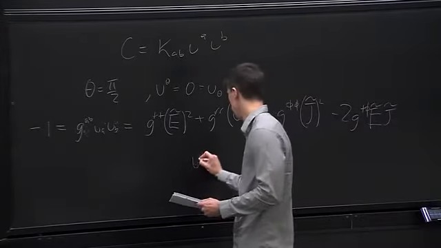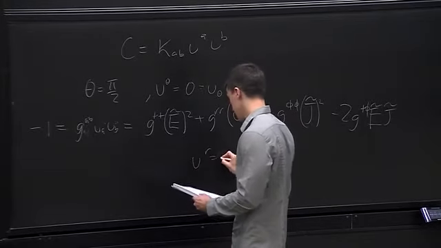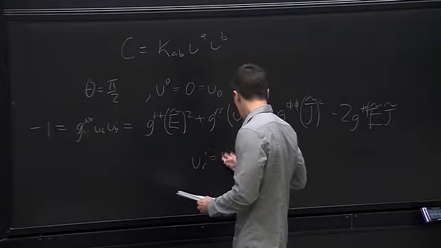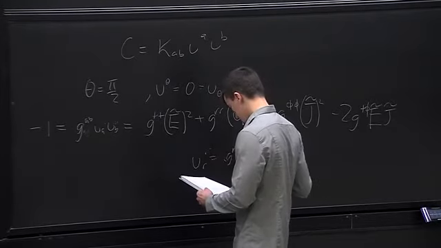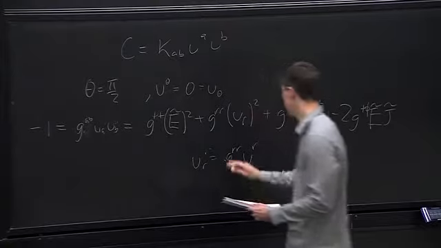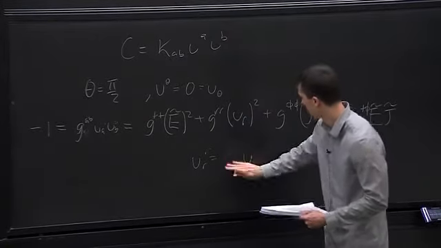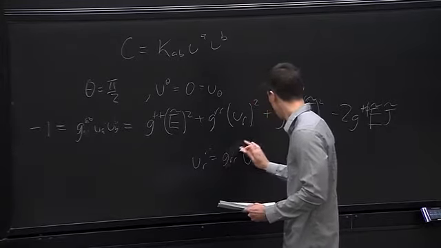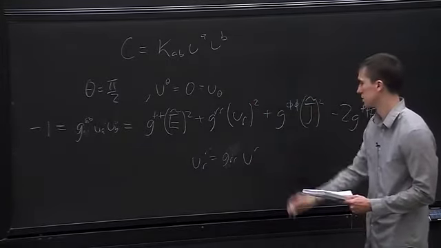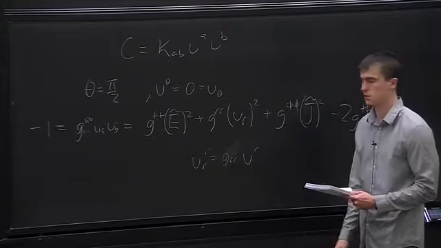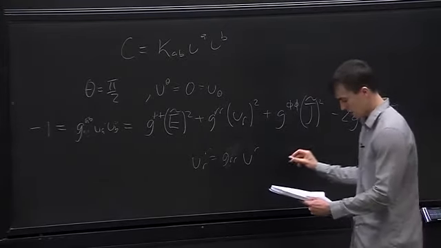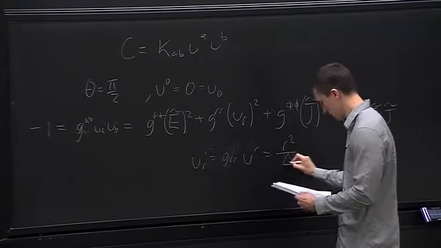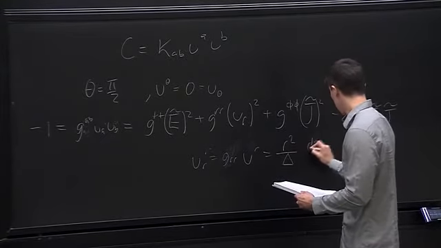And that's related to the one with the upper index, of course, just by this expression, since this is the only non-zero r metric component, and that's just this.